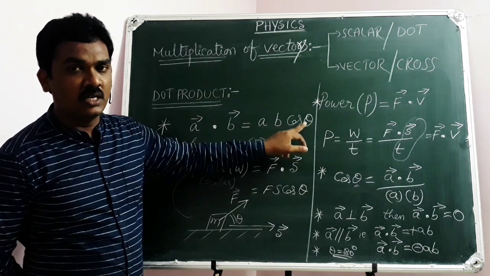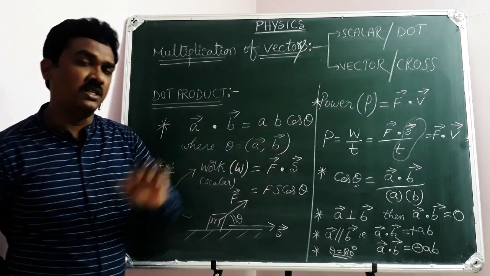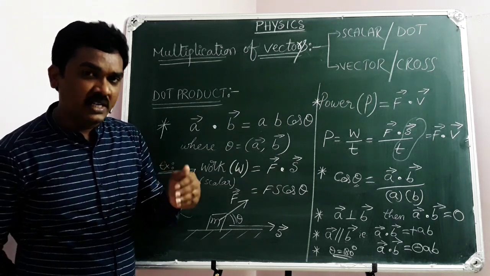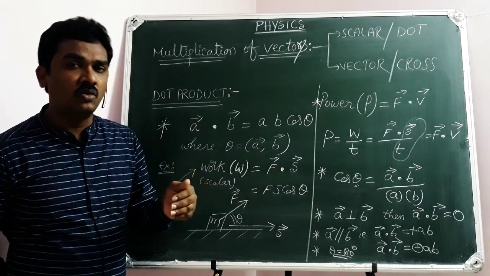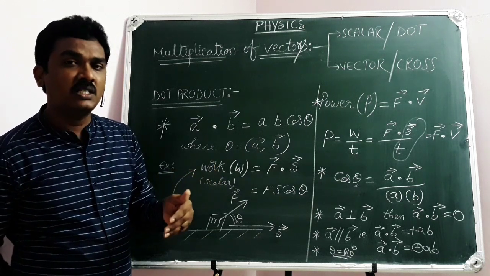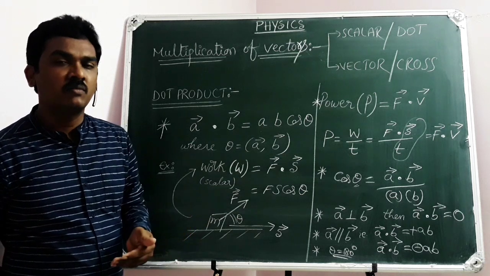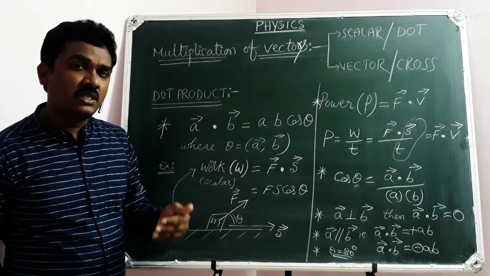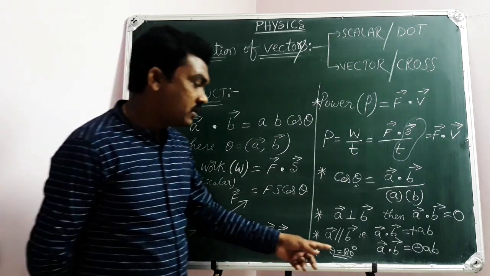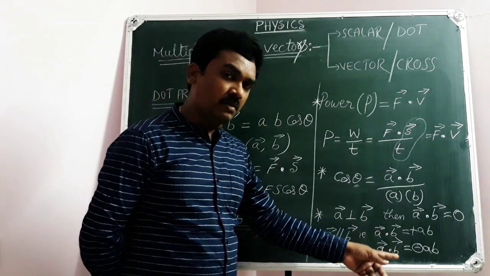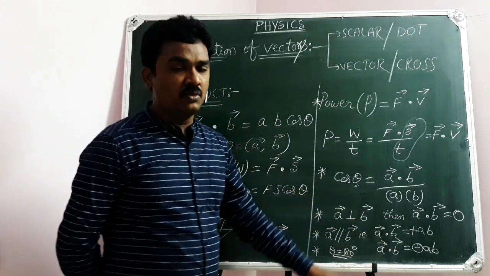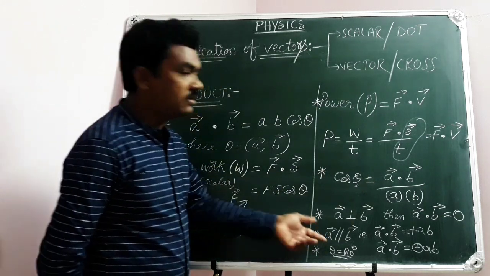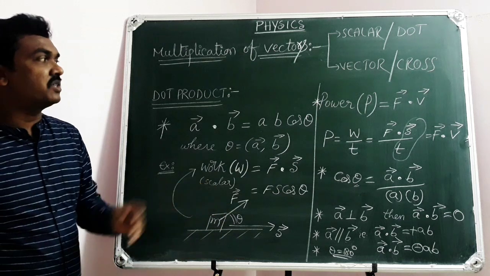If theta is 120 degrees, or 160 degrees, or 180 degrees, for theta varying from 90 to 180, you know from trigonometry, in the second quadrant, cos theta is negative, all silver equals. So for the angle theta greater than 90, cos theta is negative. So the dot product of any two vector physical quantities can be negative, can be positive, and can even be 0. This is one more conclusion that you can consider from the dot product explanation.